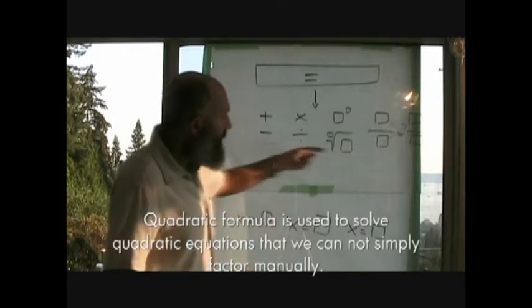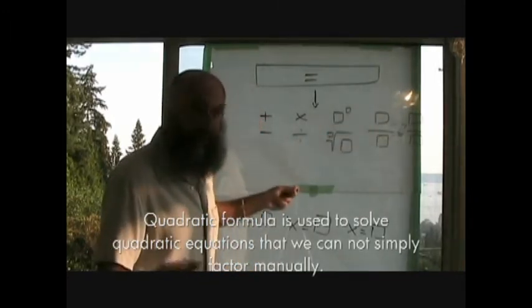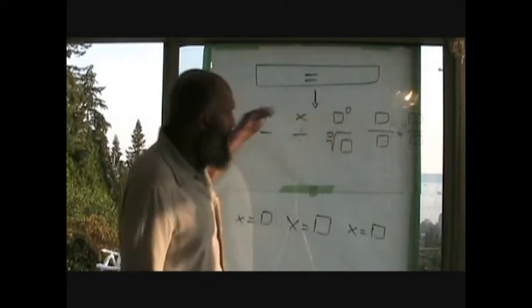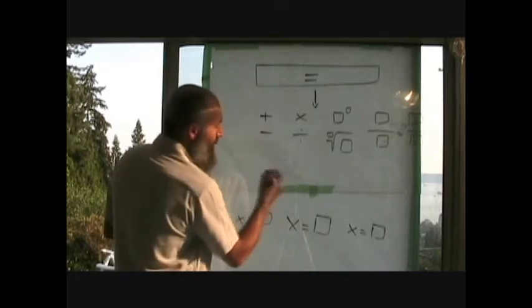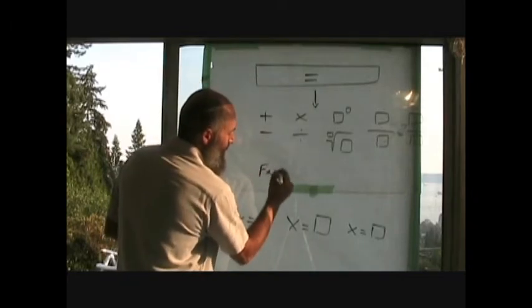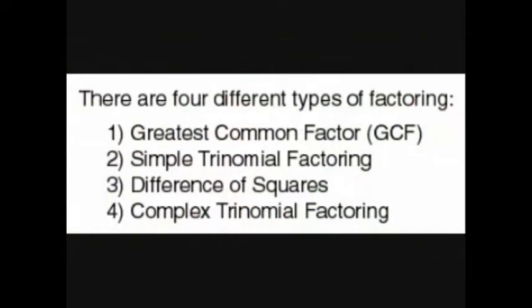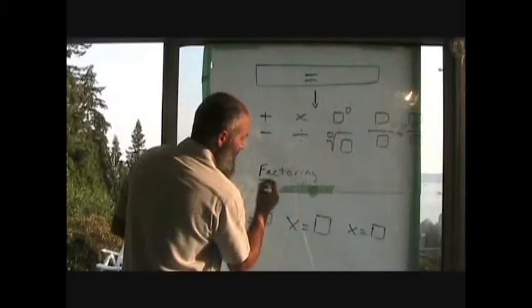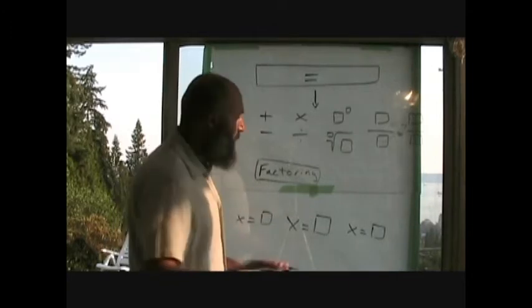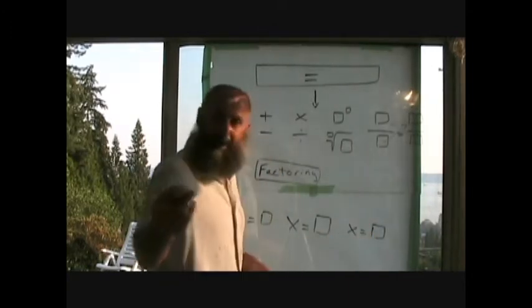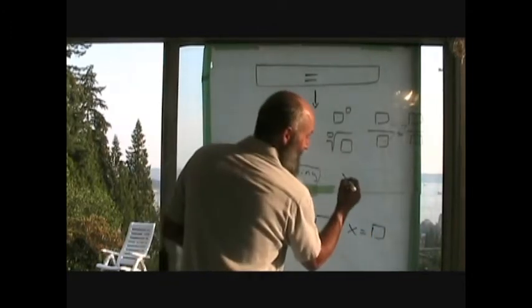So basically we're going to acquire new powers in addition to these ones to be able to crunch more complex equations. So these new powers are factoring, and the quadratic formula.